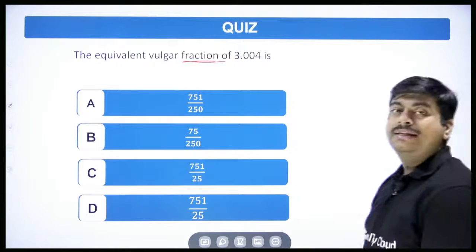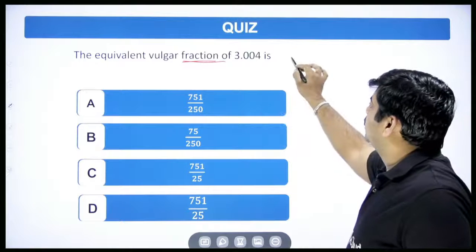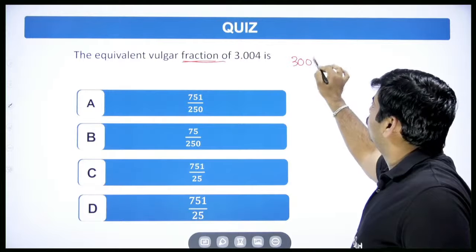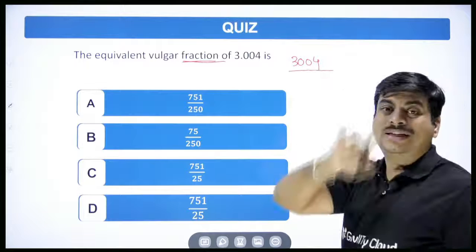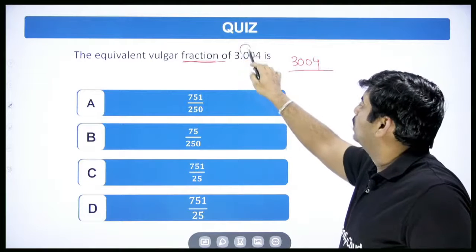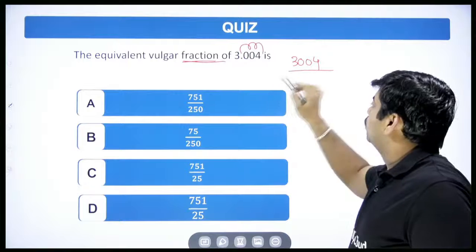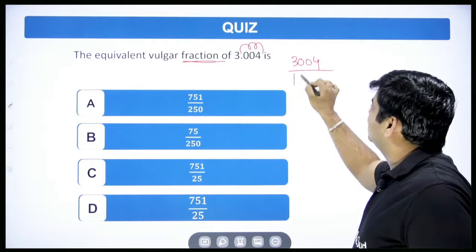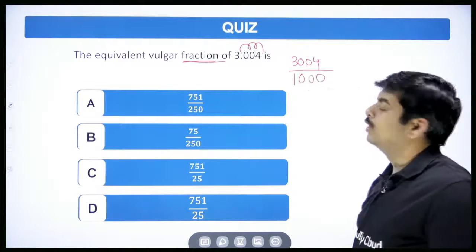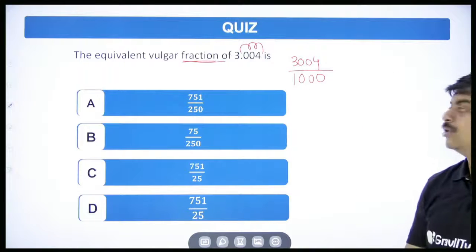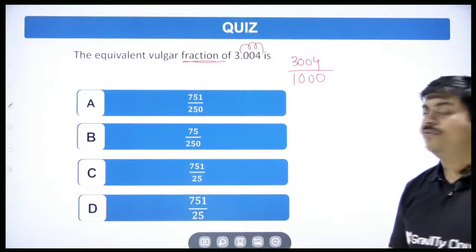So 3.004, we can write this as 3004. We removed 3 decimal places, 1, 2 and 3, so you need to keep that many zeros in the denominator. So 3004 by 1000.